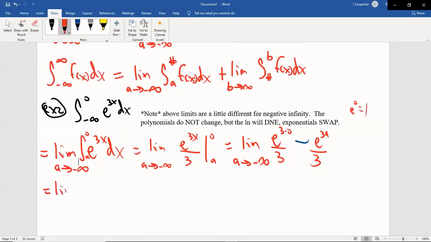So this is the limit as a goes to negative infinity of 1/3 minus e to the 3a over 3. Now we got to think about what happens as this goes to negative infinity. And again, exponential terms, if this was going to positive infinity, this thing would diverge.